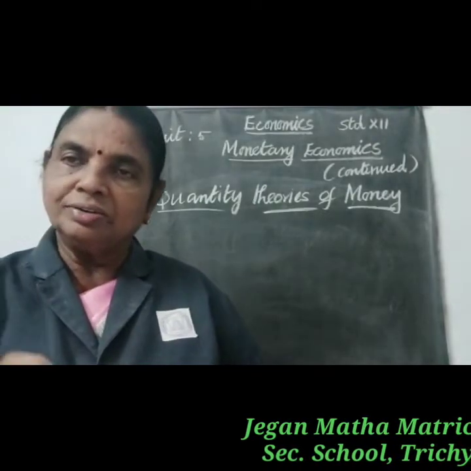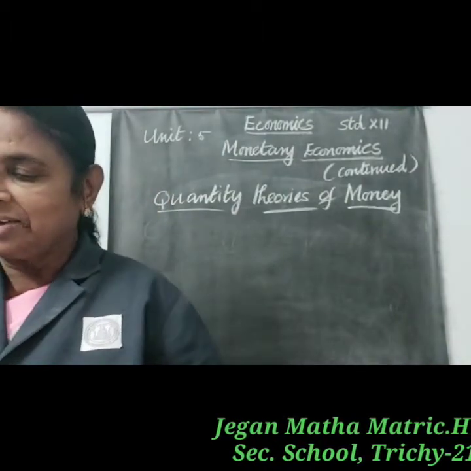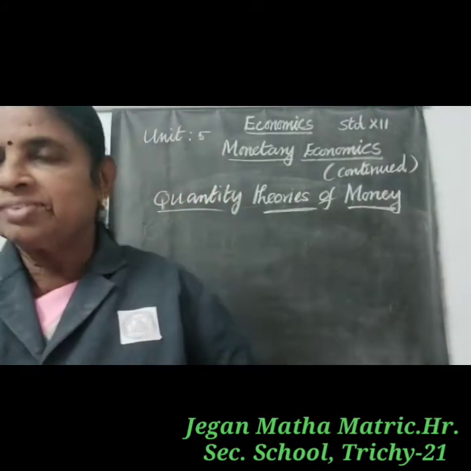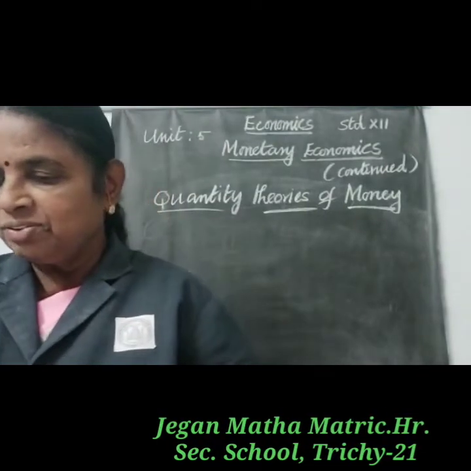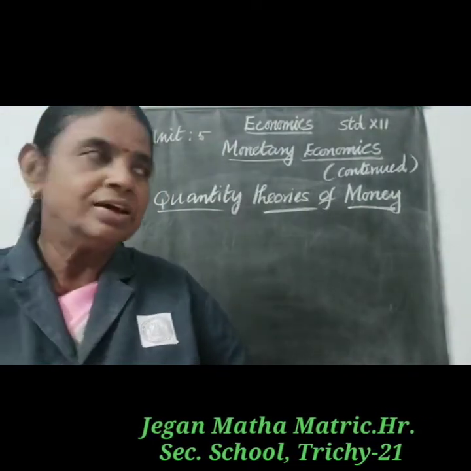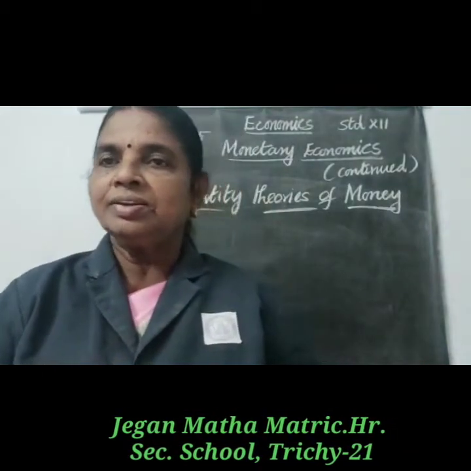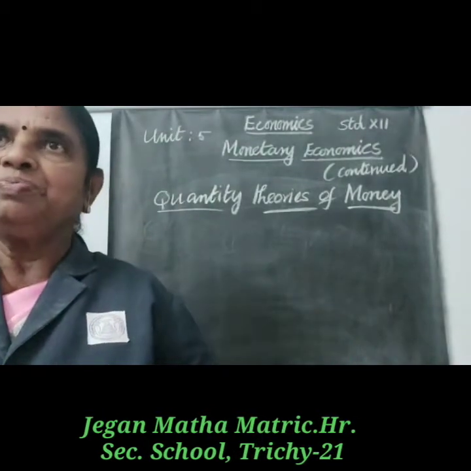We also learnt the determinants of money supply: currency deposit ratio, reserve deposit ratio, cash reserve ratio, and the statutory liquidity ratio. Let us learn today the quantity theories of money.